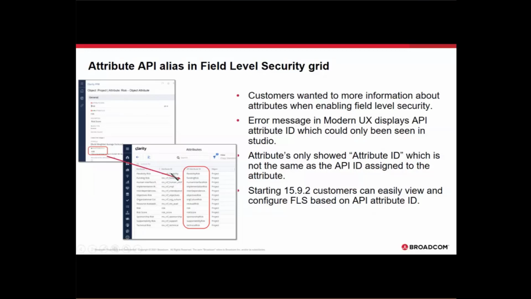This is not always the same as the API attribute ID, which is the ID you would assign to the REST API. In the modern UX, any error messages would display the API attribute ID, and that's where it would be confusing for the end users or the admin as to which specific field was either secured or the error was thrown. So now you can see that based on the API attribute ID.